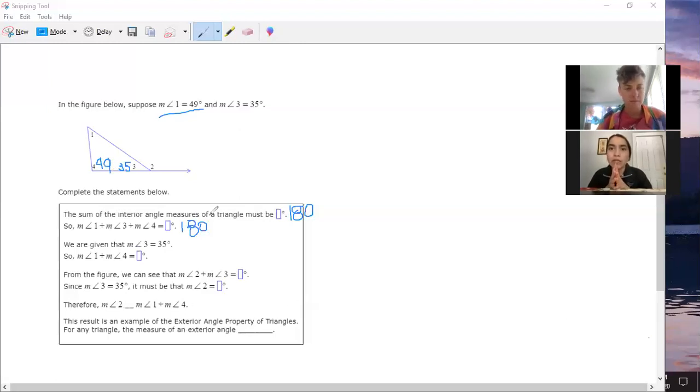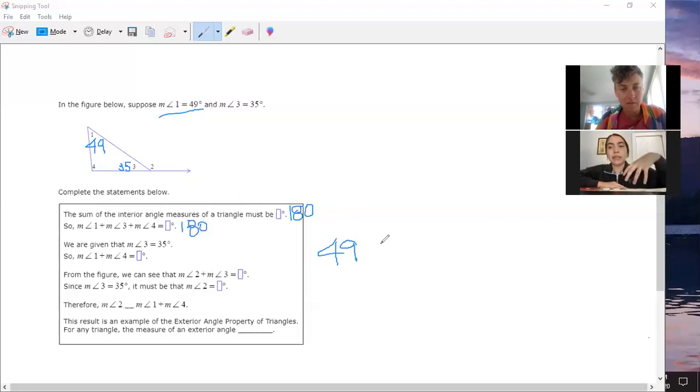Angle 1 is actually 49 degrees. Miss Atkin marked it as 4, but just remember that's 1 up in the corner. Then I would say 49 plus 35, due to the two angle measures that we already have at the top, plus x.